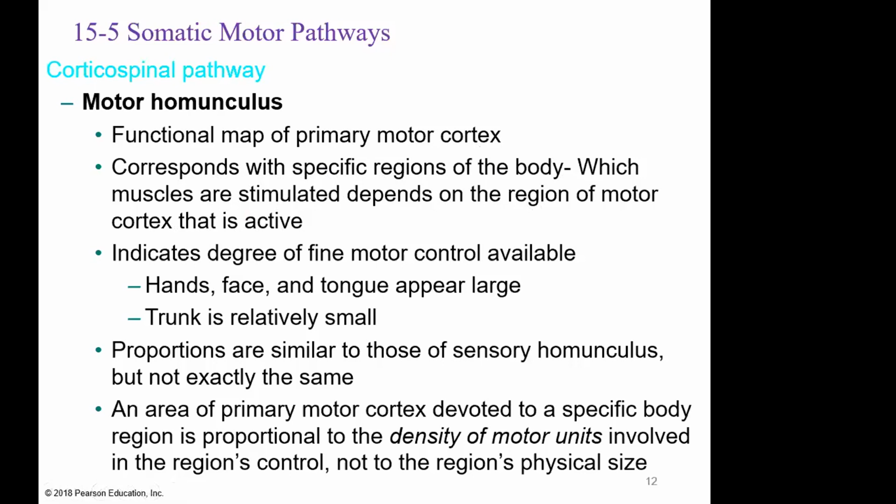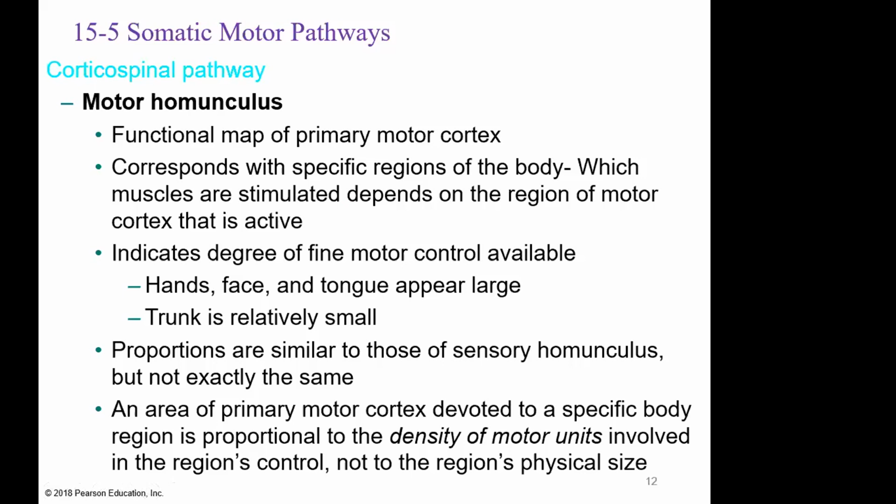And remember, whenever we're looking at the functional mapping, the homunculus, just because somebody has a very large, let's say, abdomen, doesn't mean that there's going to be a lot of area devoted to that in the homunculus, because it's all about fine motor control. So that's what you want to highlight right there. The fine motor control is going to be in smaller structures. So you're going to have fine motor control in your fingertips, because your fingertips allow you to pick things up and write and type.